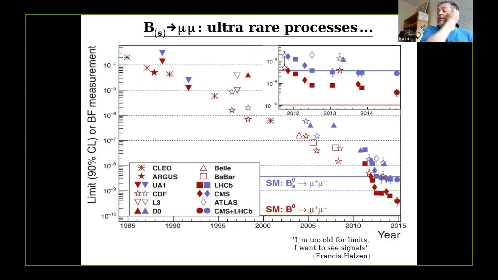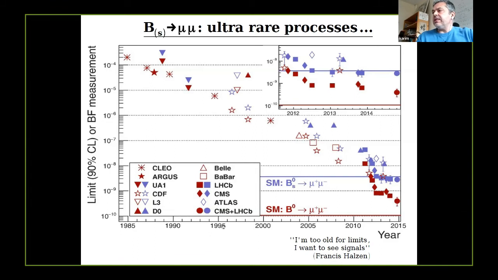We will also see it in tau physics, where, when introducing Guy, we were talking about the effort of building the next generation of tau factory, producing more taus to reach a better sensitivity to those lepton flavor violating decays.